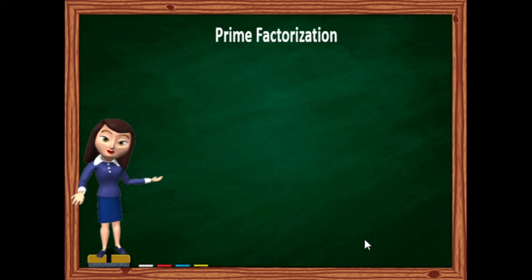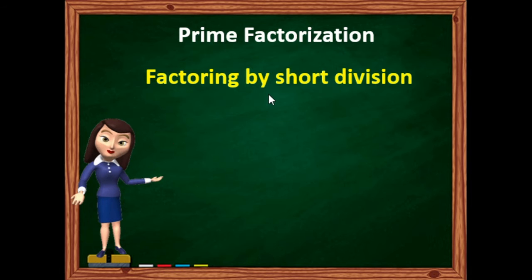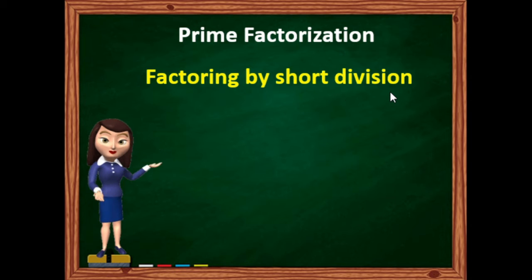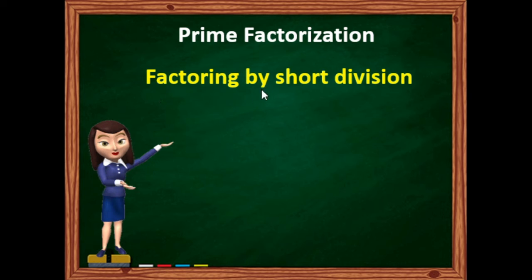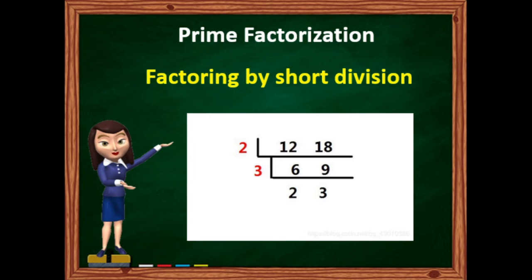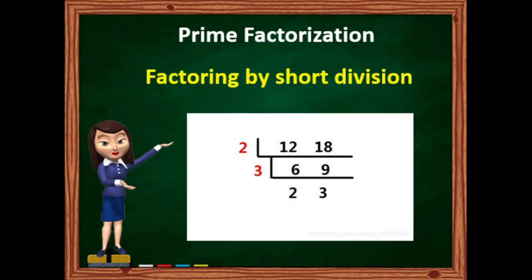And the second method is factoring by short division. Factoring by short division. Say it again. Alright, this is how a factoring by short division looks like. You will know later on how to do factor tree method and also factoring by short division.